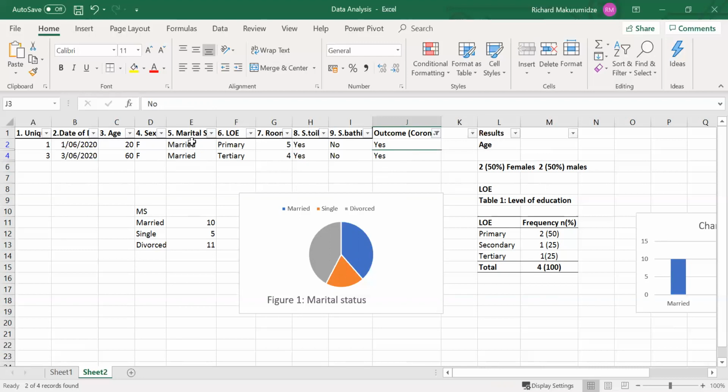The same applies with marital status: out of the four, 50% had corona, so marital status can be a risk factor or something which might cause people getting corona.